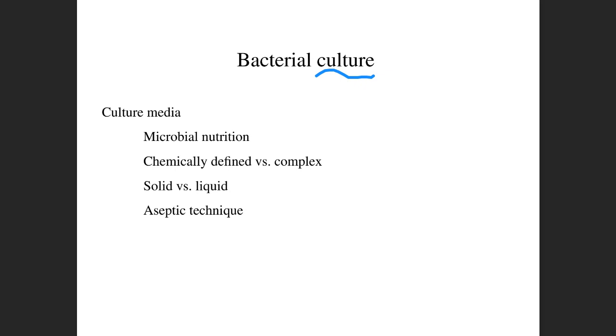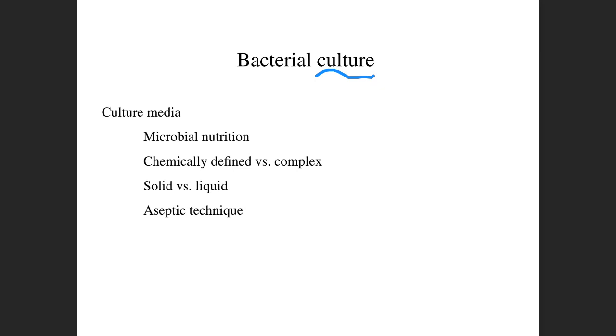Then in terms of getting the bacteria to grow, we have to provide nutrients, and that involves culture media, and so these are the terms that you'll run into. So we have micronutrients, which are required for microbes to grow. And then in terms of the media, it can be further classified as chemically defined or complex media.